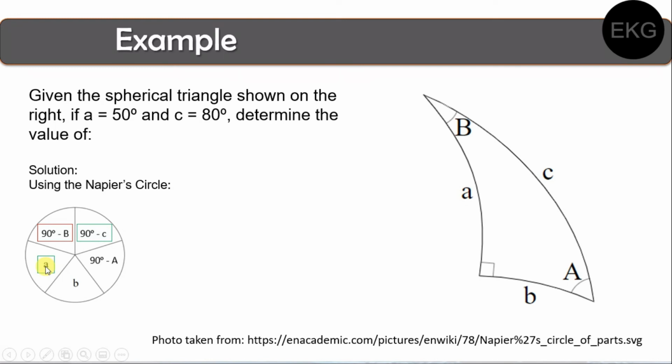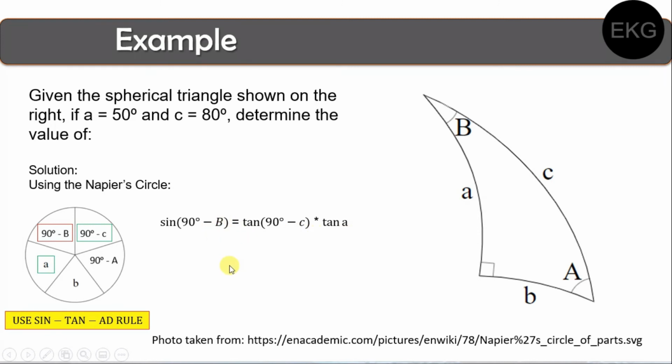Kung ang sagot ninyo ay katabi, adjacent parts, then we agree that we will be using here the sin-tan-ad rule. The sine of the unknown part is equal to the product of the tangents of the adjacent parts. Kaya naman, ito yung gagamitin natin na equation to solve for angle B.